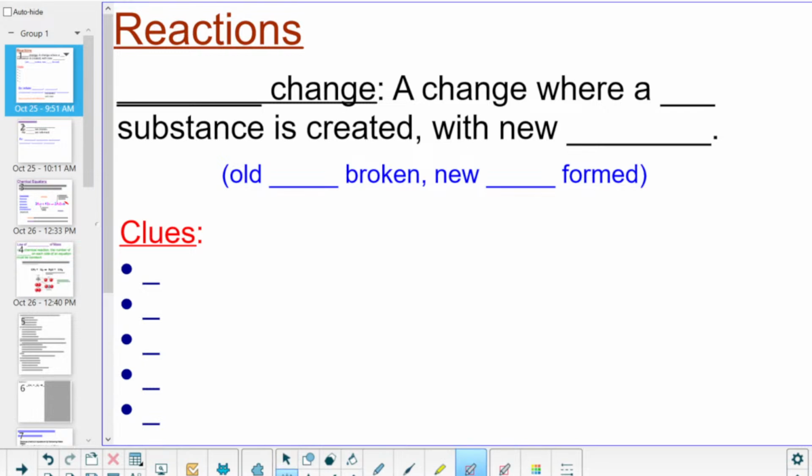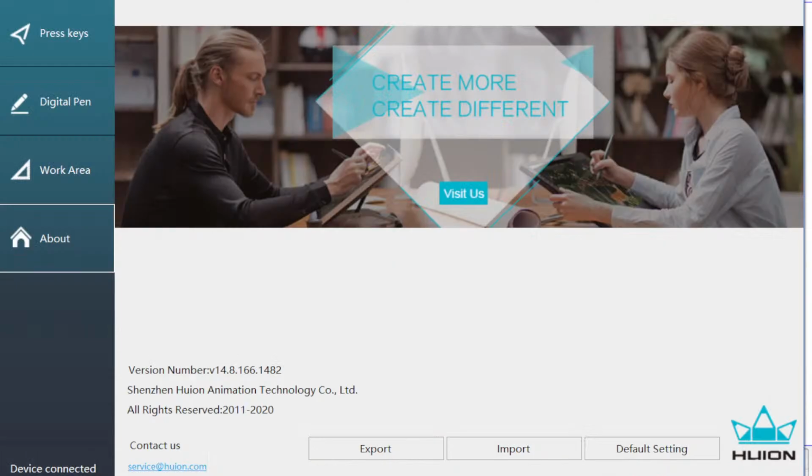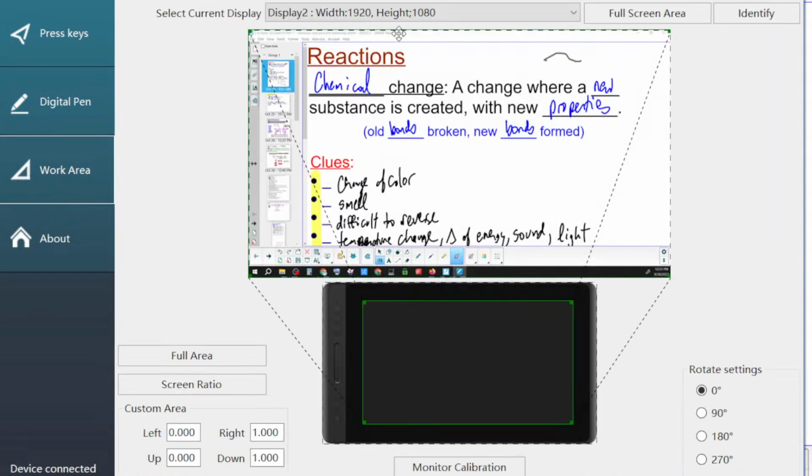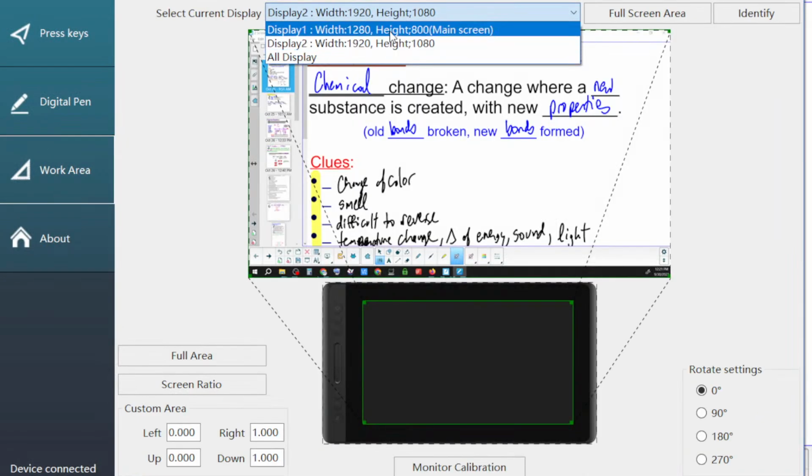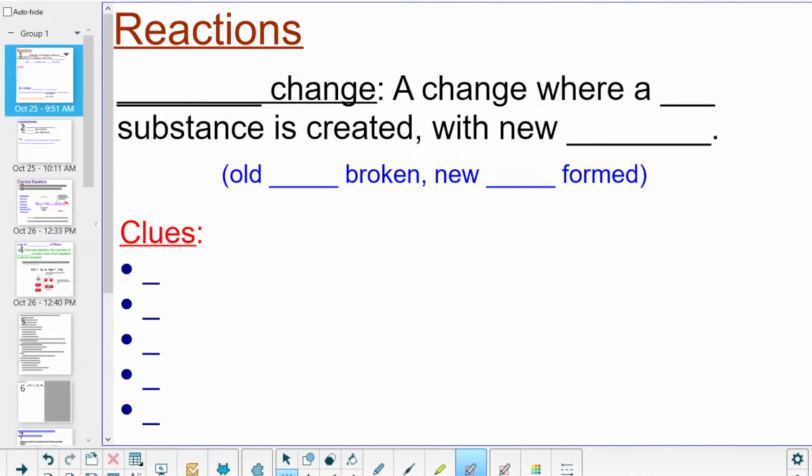Okay. So chemical change. I'm going to bring on some demos. We'll look at a chemical change. In a chemical change, we get something new.